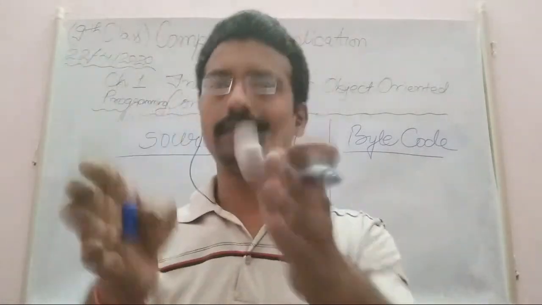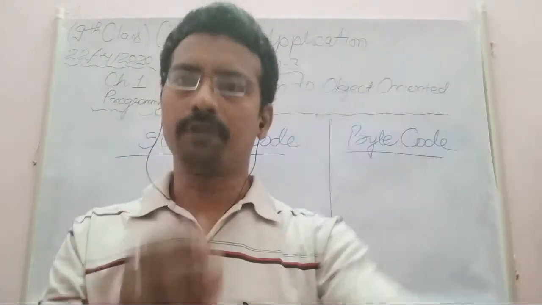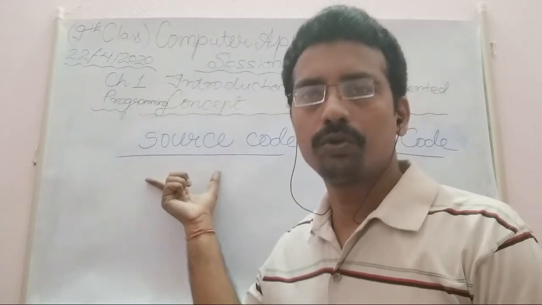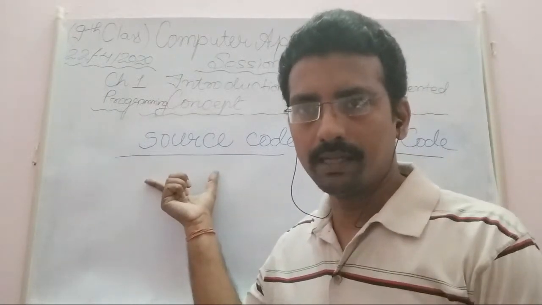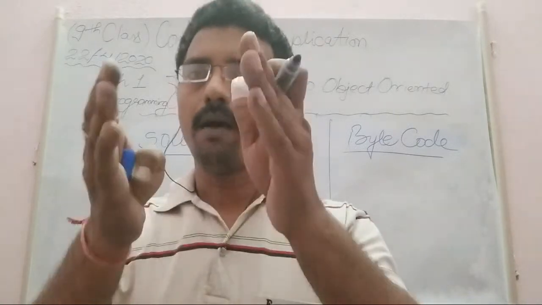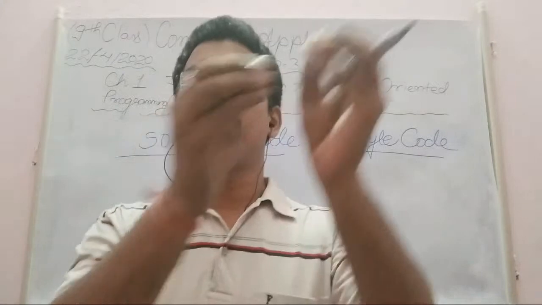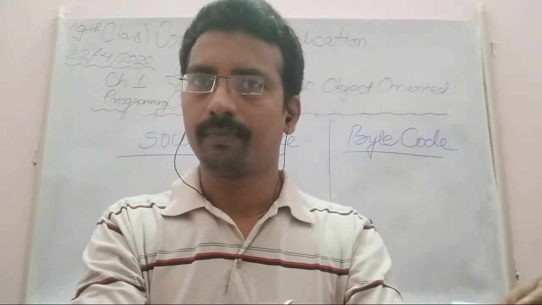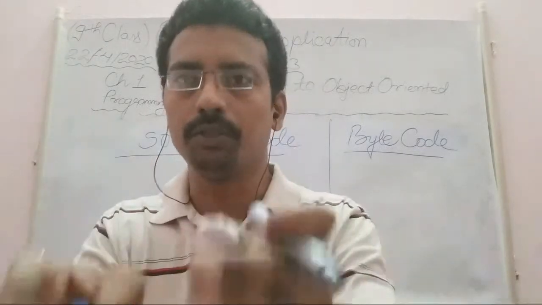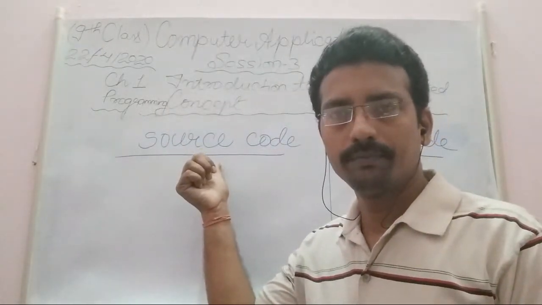Any code written by the user that is going to be given to the system for further execution is called source code. Hope that is clear? Any program written by a programmer to get a particular output. This program that we feed to the system is called source code.